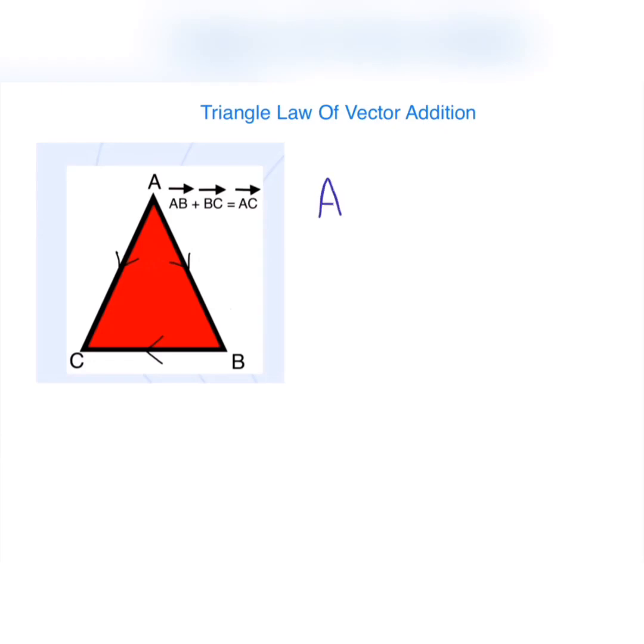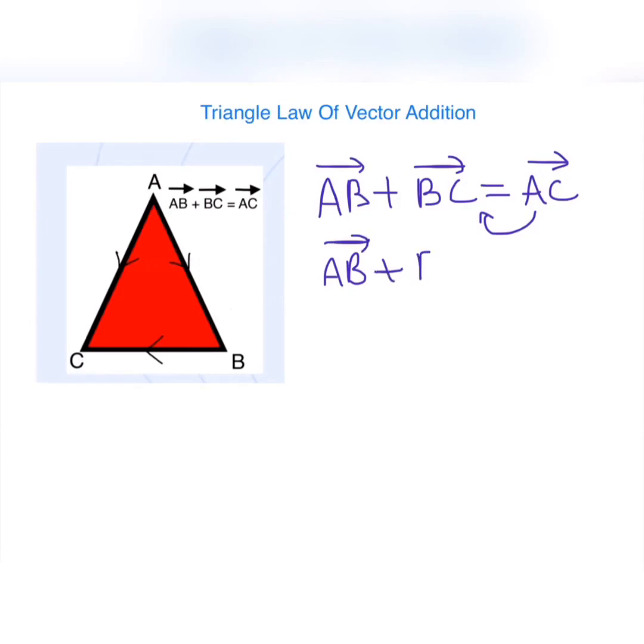We know by the triangle law of vector addition that vector AB plus vector BC is equal to vector AC. Now if we take vector AC to the left-hand side, we get vector AB plus vector BC minus vector AC is equal to the zero vector.